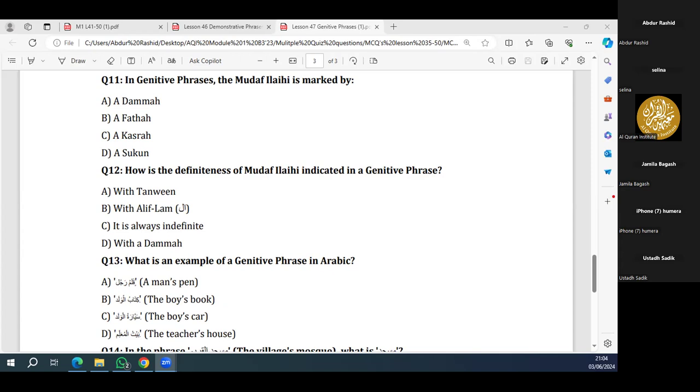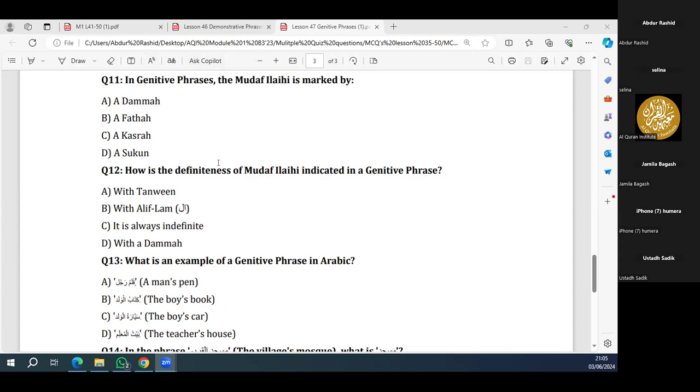And 13, what is the example of a genitive phrase in Arabic? Kitabul walad. Actually, I think B and C. There's more than one correct answer.